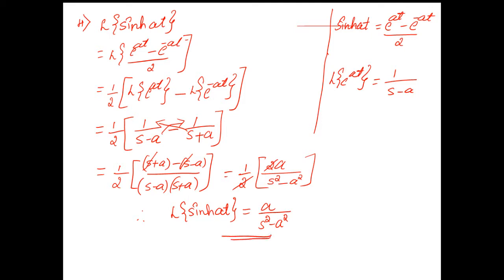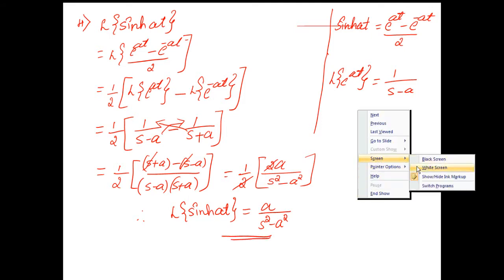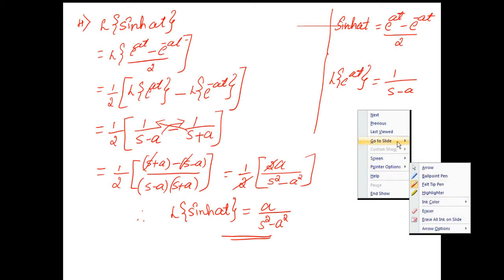Okay. Next, we'll see the fifth function, the Laplace transform of cos at. By the definition of Laplace transform, that's equal to the integral from t equals 0 to infinity of e^(-st) f(t) dt. Here f(t) is cos at.